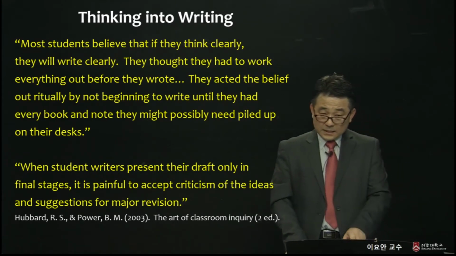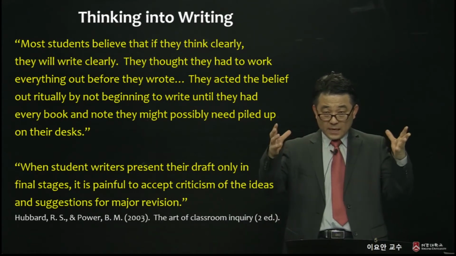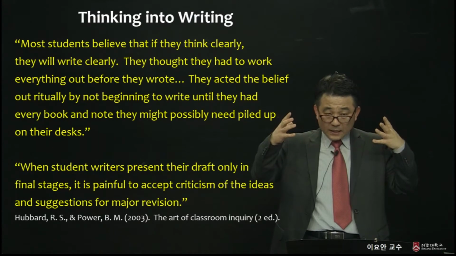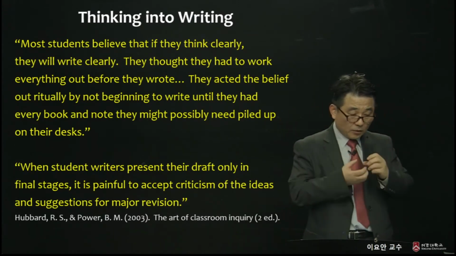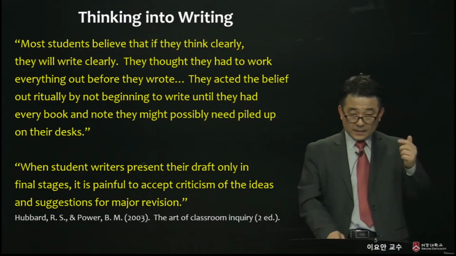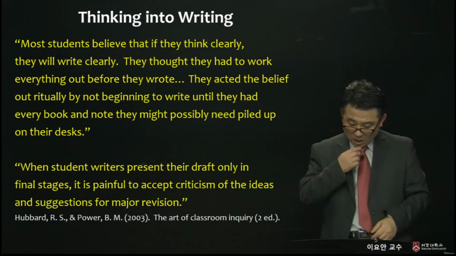Now, this tells you the normal thinking process. We try to complete our thinking in our head, and then we use writing to express that completed thought. And that's why we do drafting this way.